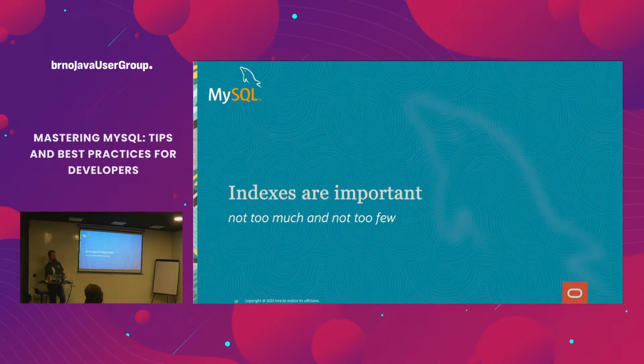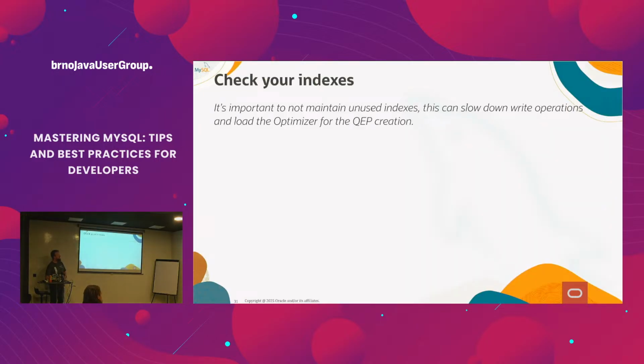So indexes are important, not too many and not too few, right? It is very important not to maintain indexes that you are not using, because maintaining indexes has a cost for MySQL. And the cost is not only when you write, but also when you select. Because the optimizer, when it creates the query execution plan, will check all the possibilities to answer your question.